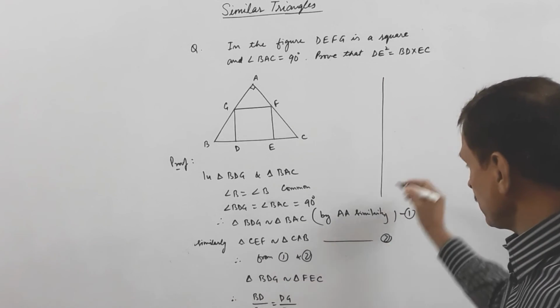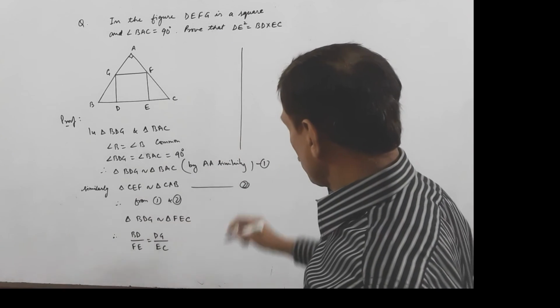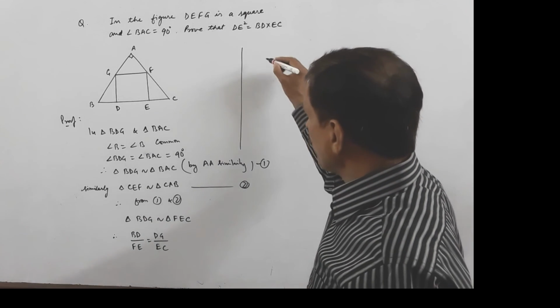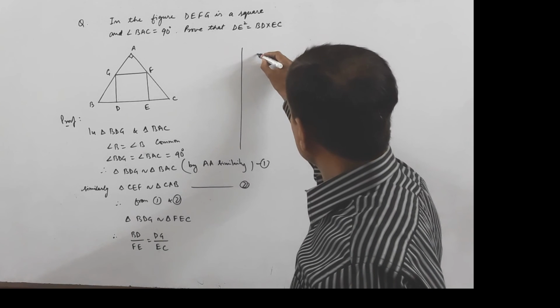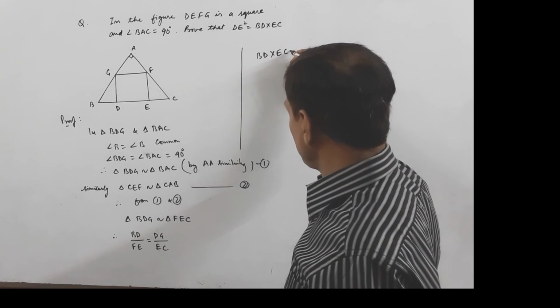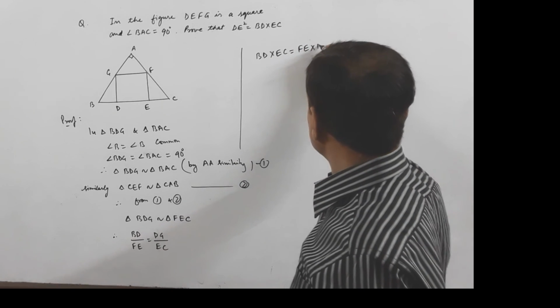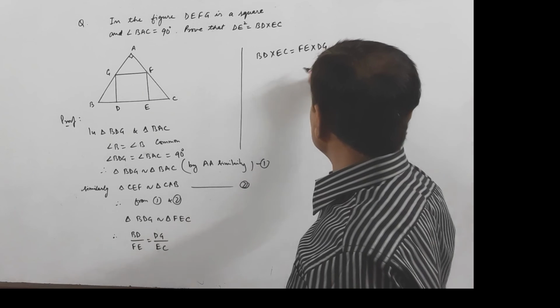On cross multiplication, we have BD cross EC is equal to FE cross DG.